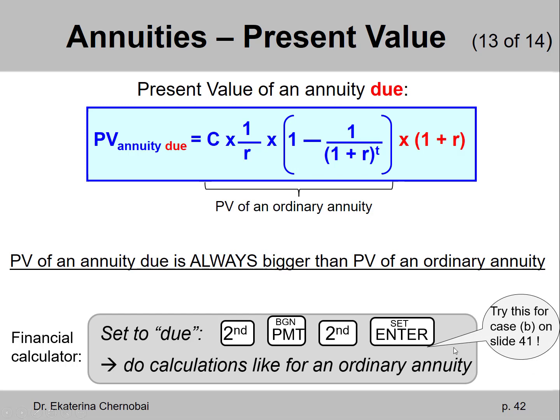But that gives you the answer for an annuity due. If you want to go back, then you can either press second, payment, second, enter again, and that will take you back to the ordinary annuity case. Or I just simply reset my calculator. It works even faster.